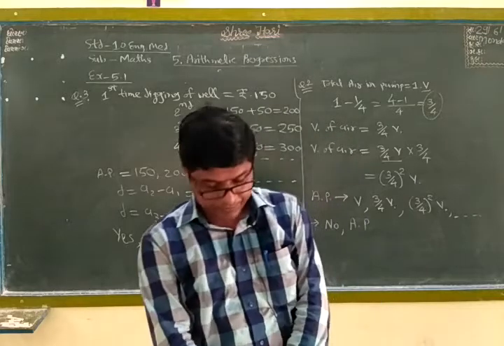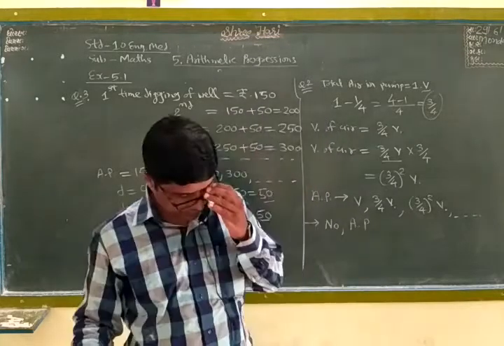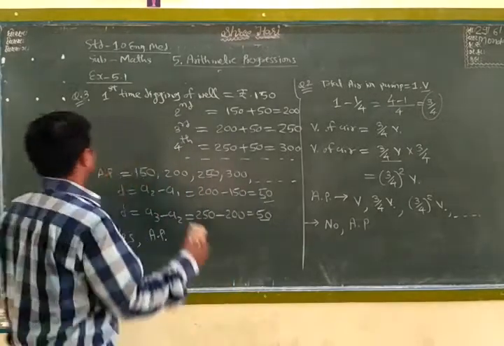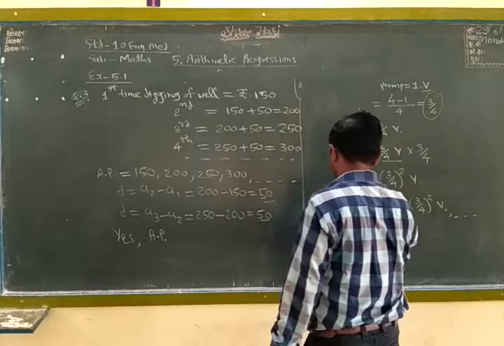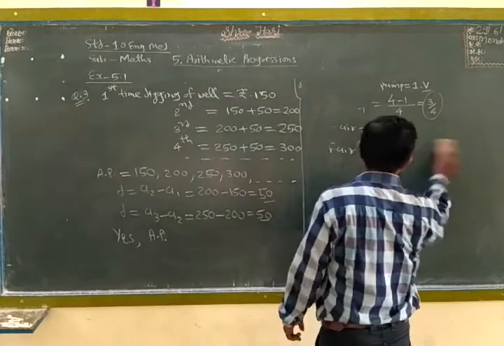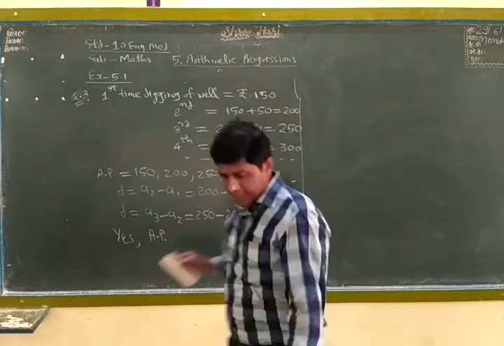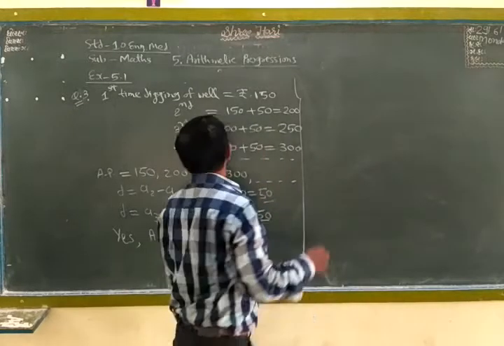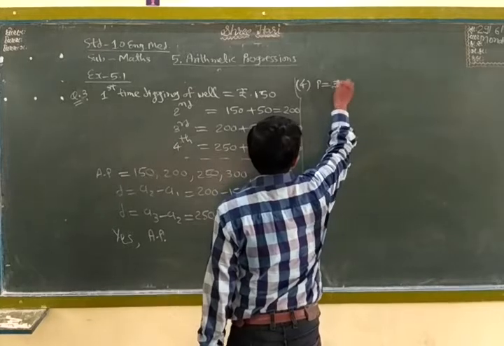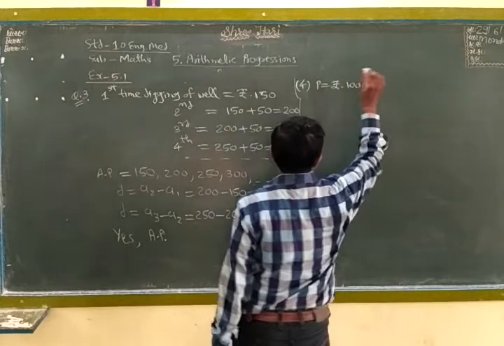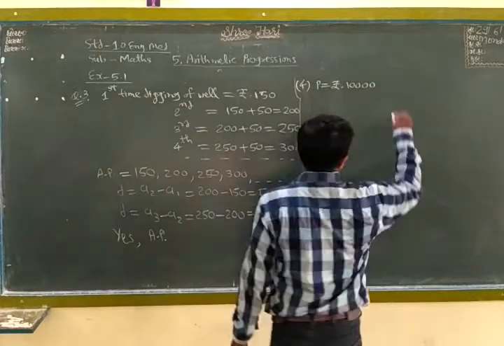It means here the total rupees is 10,000 given. Start from here. Question number 4. Here the amount is rupees 10,000 given for P, rupees 10,000 given. 8% interest, so R is 8.